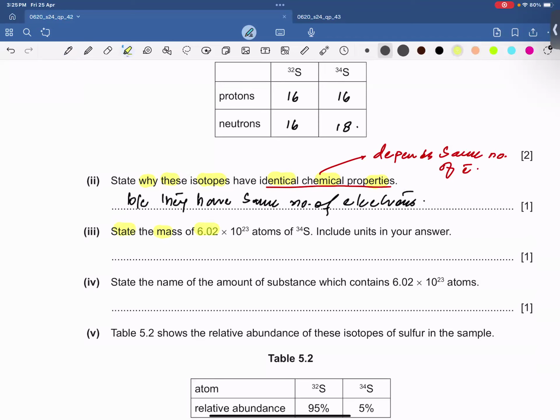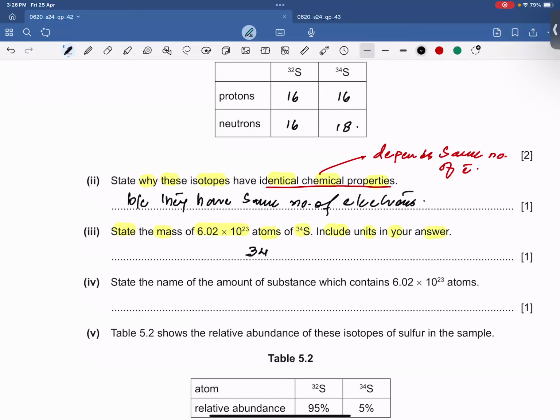state the mass of 6.02 times 10 to the power 23 atoms of sulfur. Include units in your answer. Obviously, this equals 1 mole, and 1 mole of sulfur has a mass of 34. So I'm going to write 34 here.